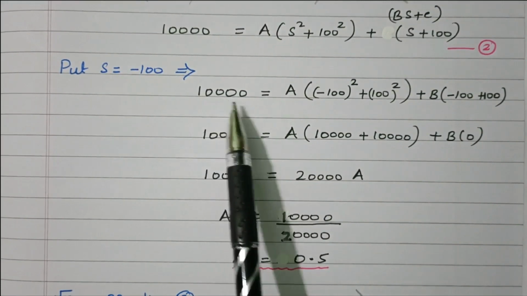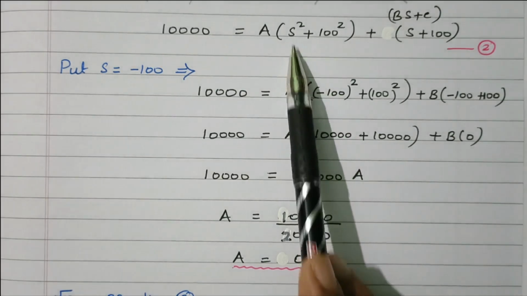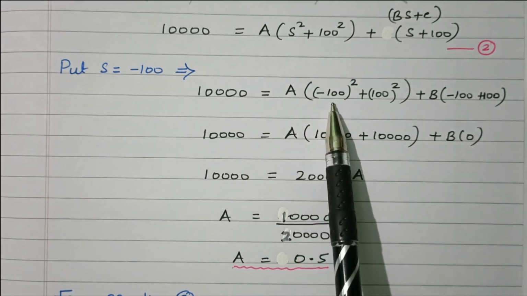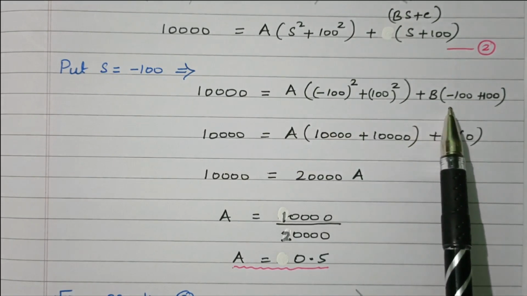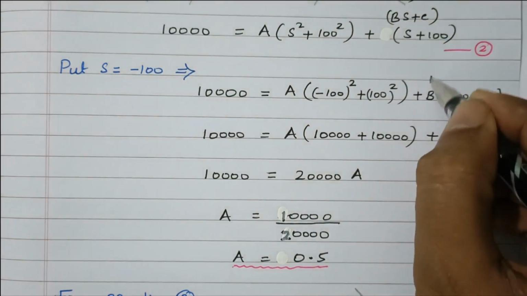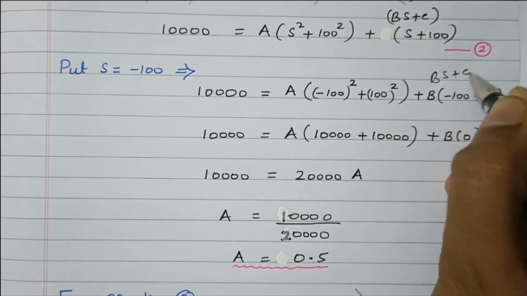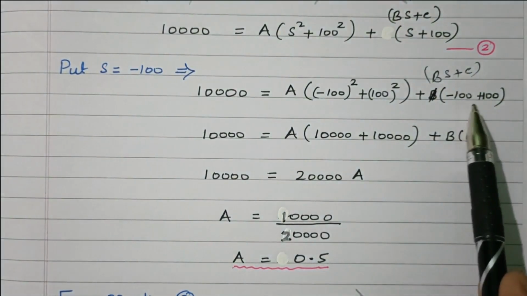Now we'll see what happens if you substitute s equal to minus 100. So 10,000 equals A of minus 100 square plus 100 square, plus Bs plus C into minus 100 plus 100. So this is nothing but Bs plus C, right? Not only B, Bs plus C. So the total term is 0.